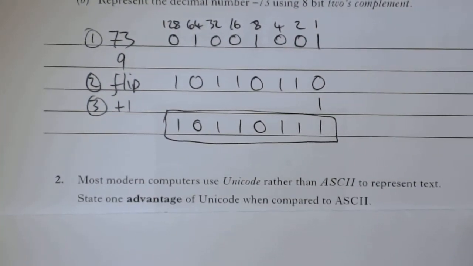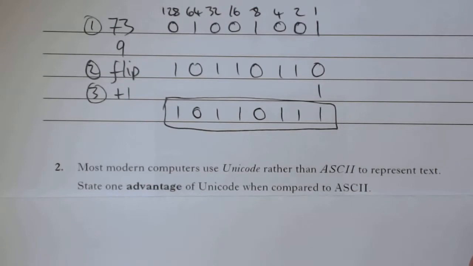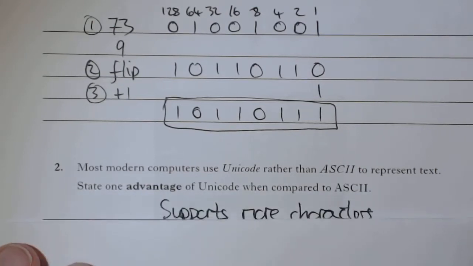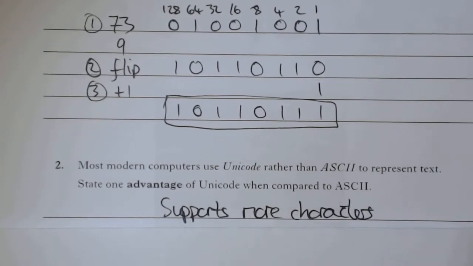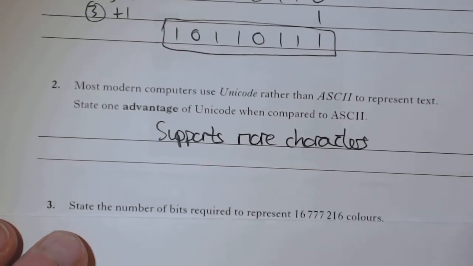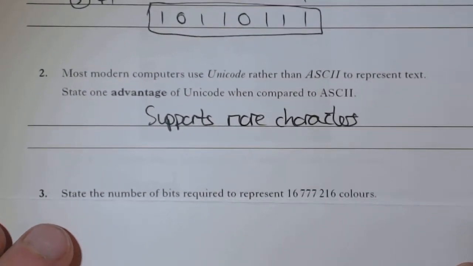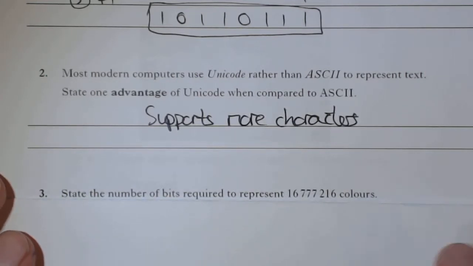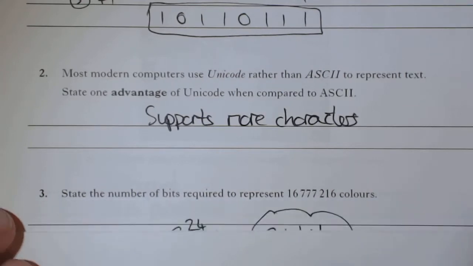And here's another one, Unicode and ASCII. Name or state one advantage of Unicode when compared to ASCII. Well, it supports more characters, so you'll see they keep on asking the same questions. If we then look at state the number of bits required to represent this number of colours, well, hopefully you'll start recognising these numbers and the number of bits.